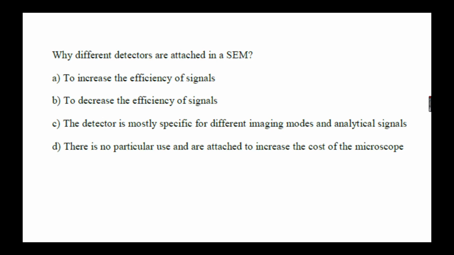So they are asking why we are using these different detectors in our SEM. The options are: to increase the efficiency of the signals generated from our sample; to decrease the efficiency; the detector is mostly specific for different imaging modes and analytical signals; or there is no particular use and they are attached to increase the cost of the microscope. It is very obvious if we read the options. So please answer this question if you know, it is quite simple.